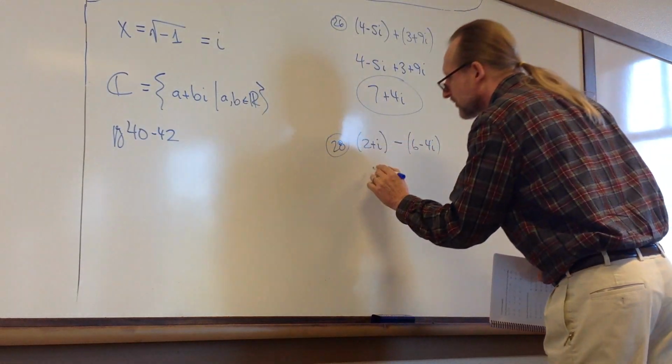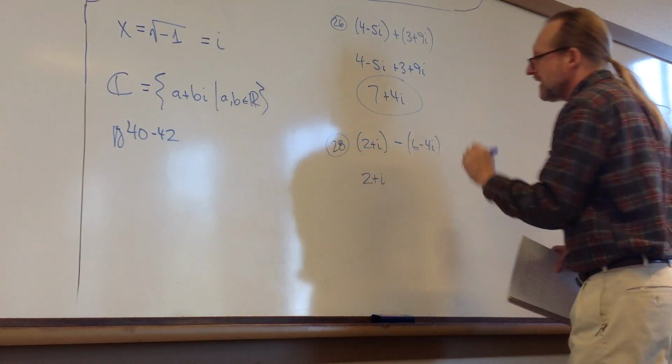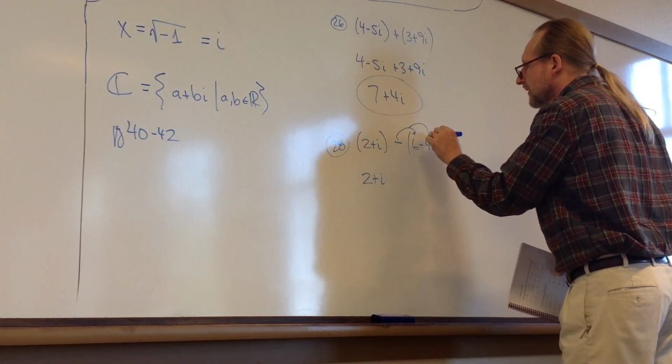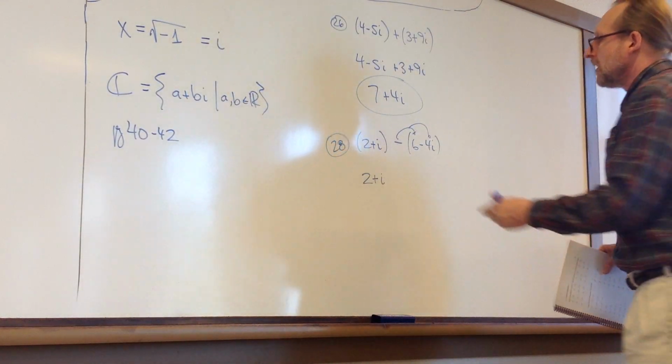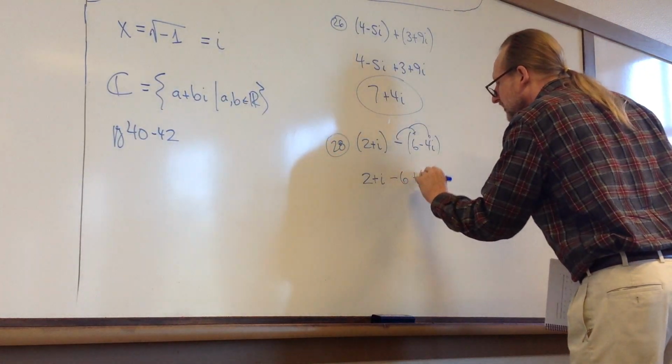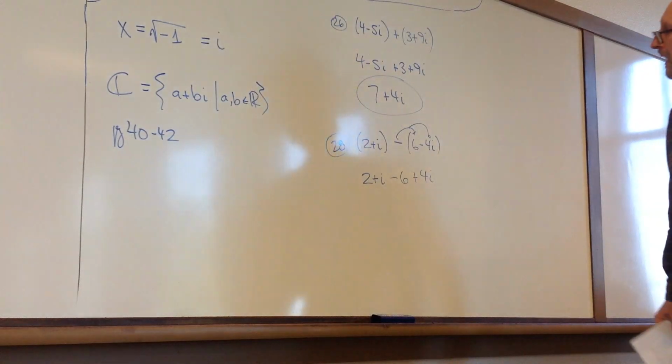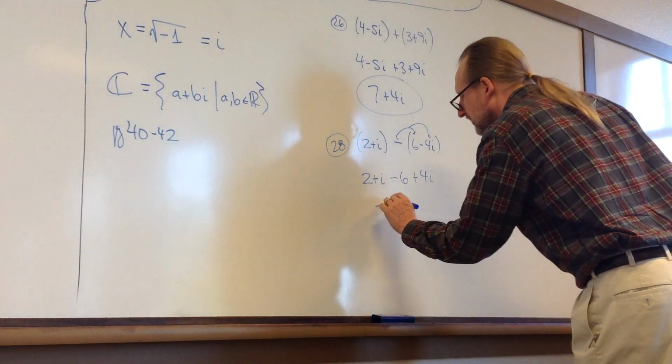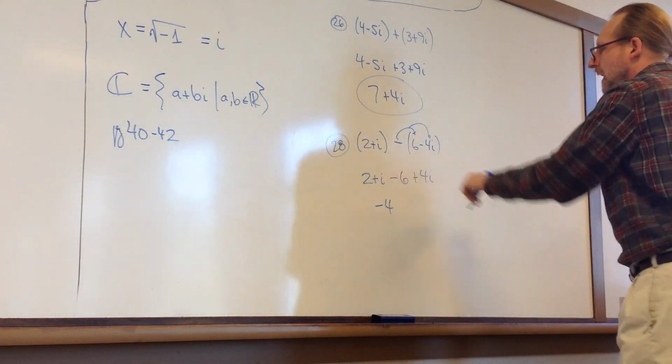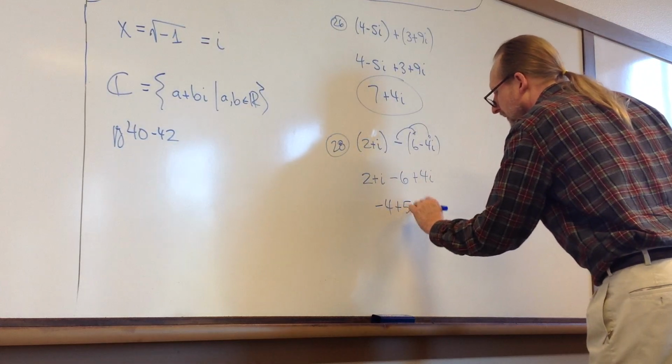Now, here we can just take the parentheses off, but here we have to distribute that subtraction, or negative 1. This will be minus 6 and positive 4i. So 2 minus 6 is negative 4, 1i and 4i make 5i.